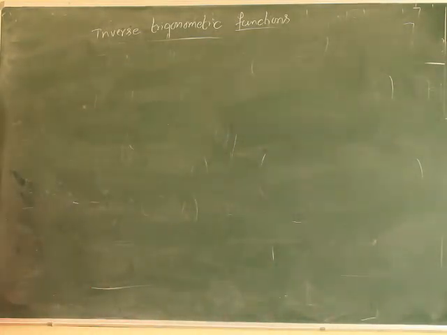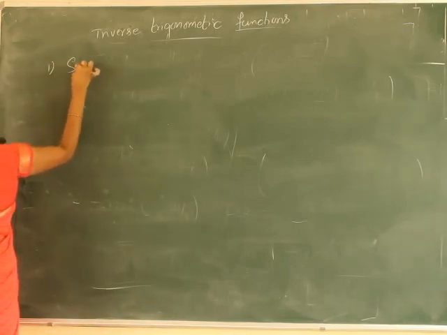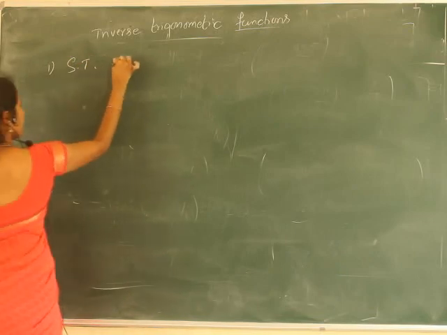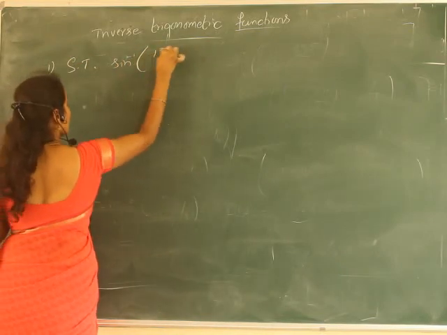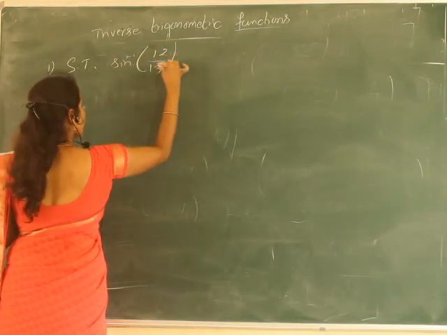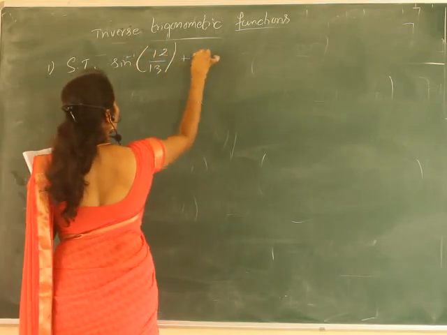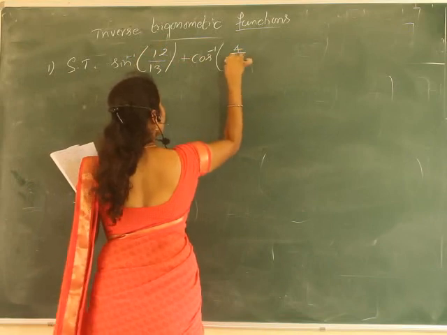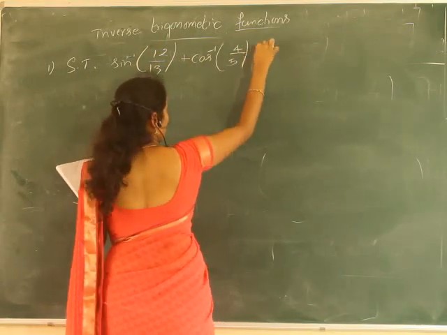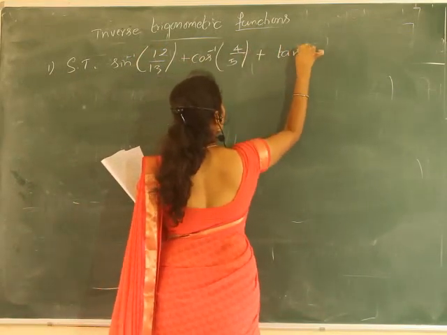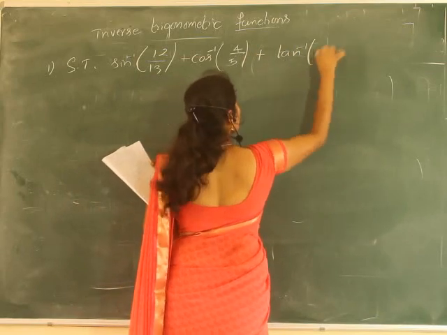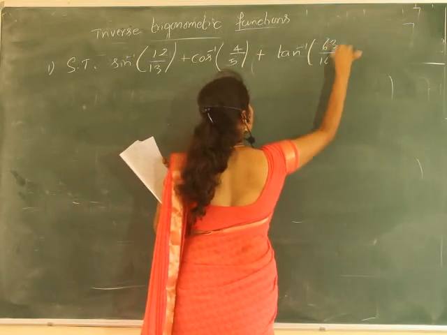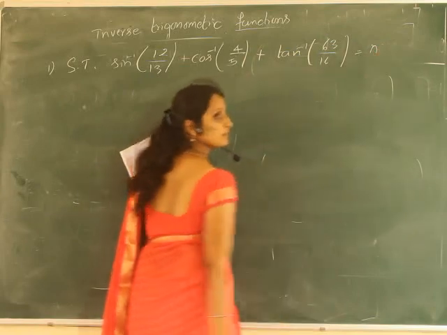So next question is, we'll solve the next question. Show that sine inverse of 12 by 13 plus cos inverse of 4 by 5 plus tan inverse of 63 by 16 is equal to pi.